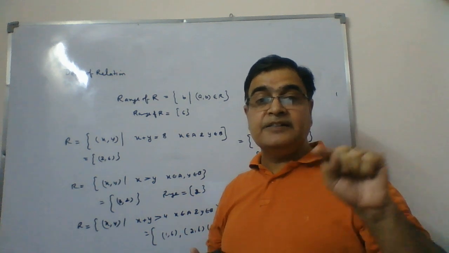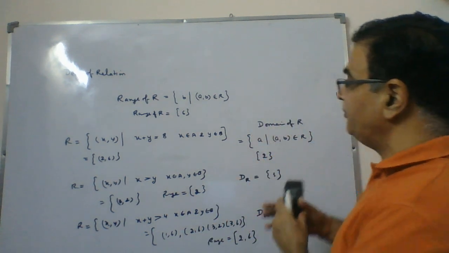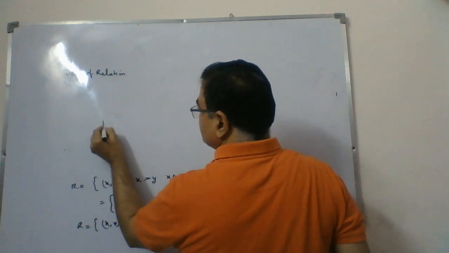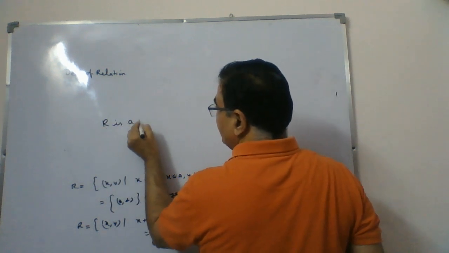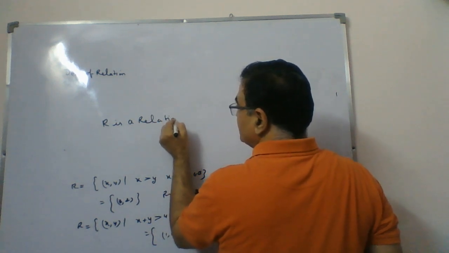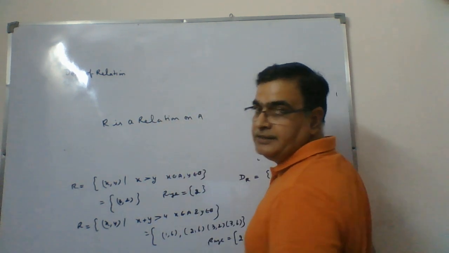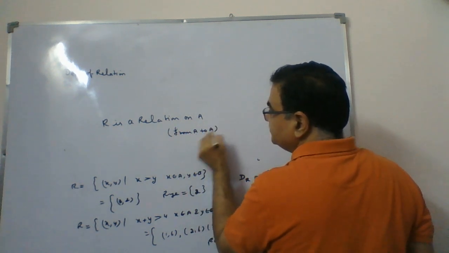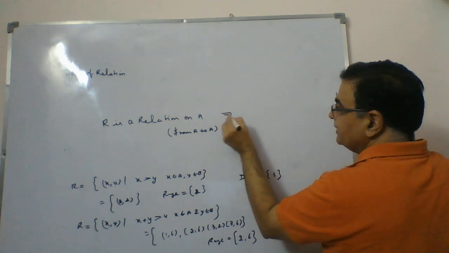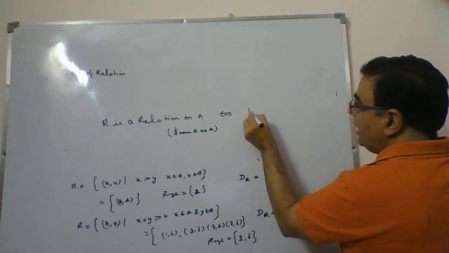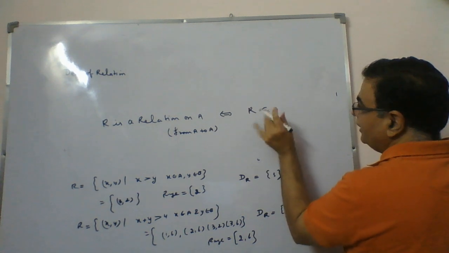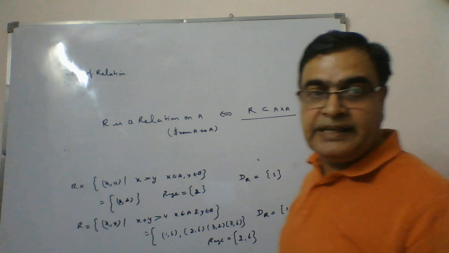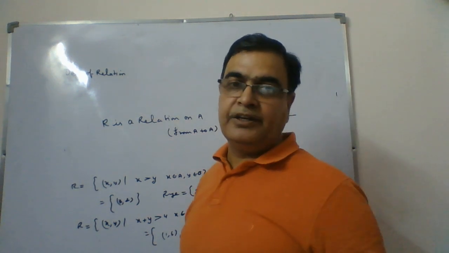So if I say R is a relation on A, what is the change I'll make here? This time the relation which they will give, R is a relation on A. On A means from A to A. This is if and only if R is a subset of A cross A. Means this time only one set will be given to you and then you will be finding the relation.